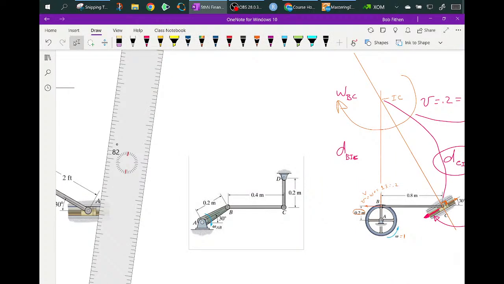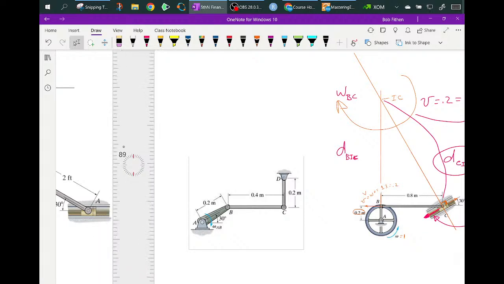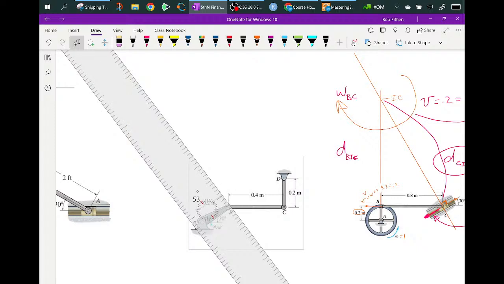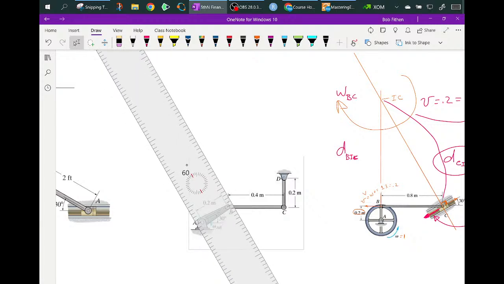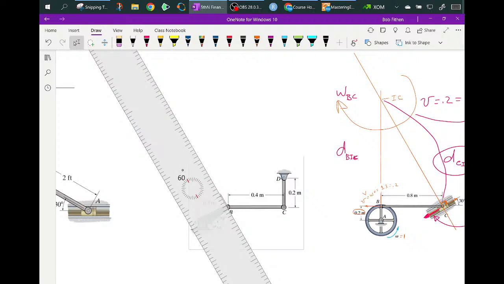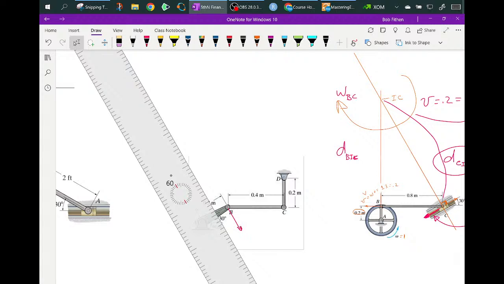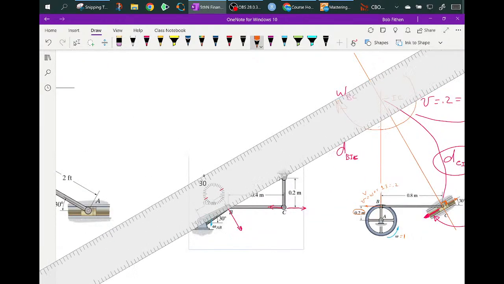Okay, let's look at this one. Here, I'm going to try my best to assume, hopefully rather reasonably, that the velocity at this point is going in that direction. And I know for sure that this velocity either goes that way or the other way. So now my goal is to find the perpendiculars. Here's the perpendicular to 1.